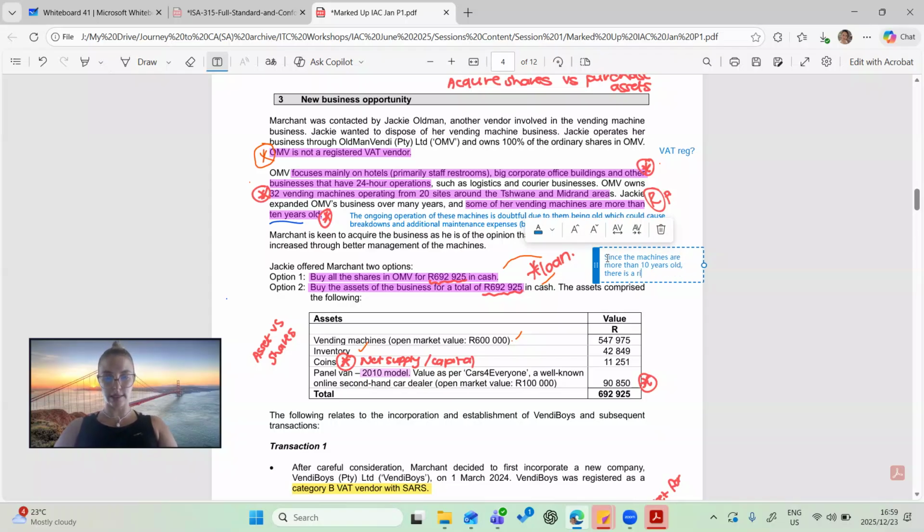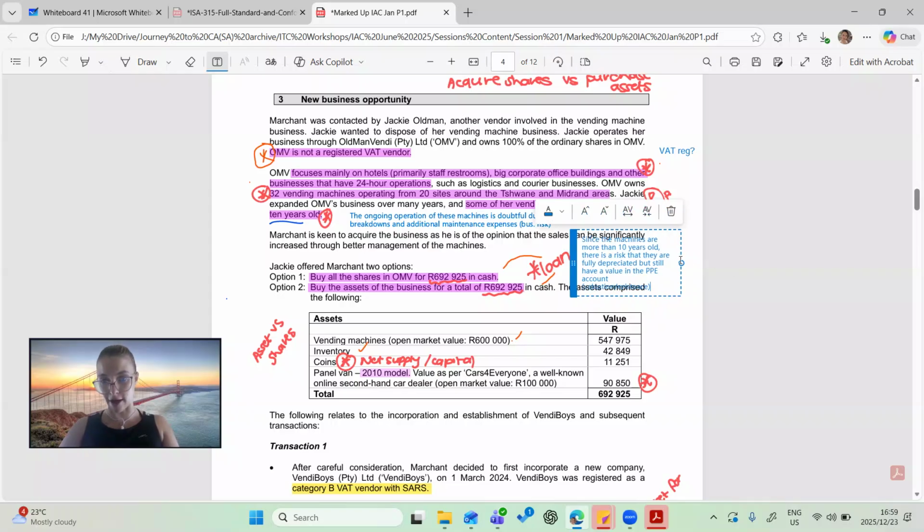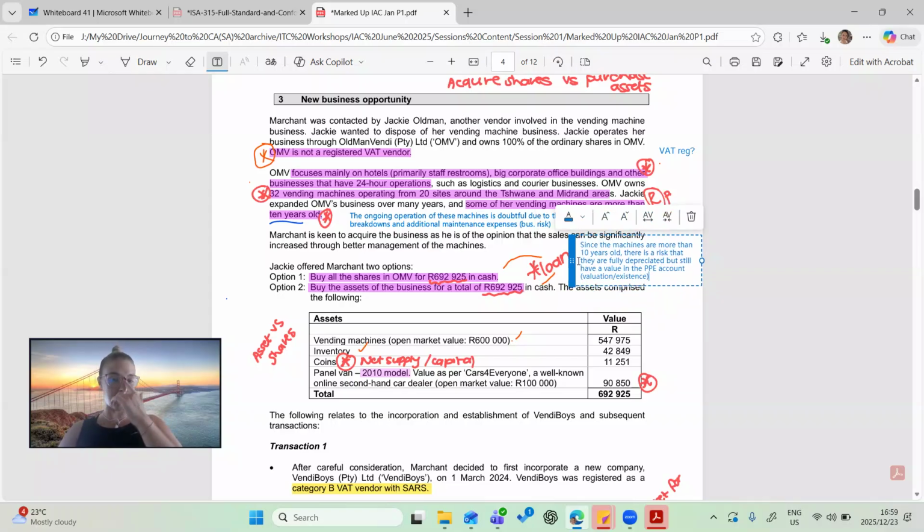There is a risk that they are fully depreciated but still have a value in the PPE account. And because this is an assertion level risk, we can link this to valuation. Okay. Or we could link it to existence, because technically those assets don't exist. If they are fully depreciated, they should not have a value in the books. Okay, so that's the one risk that we could come up with.